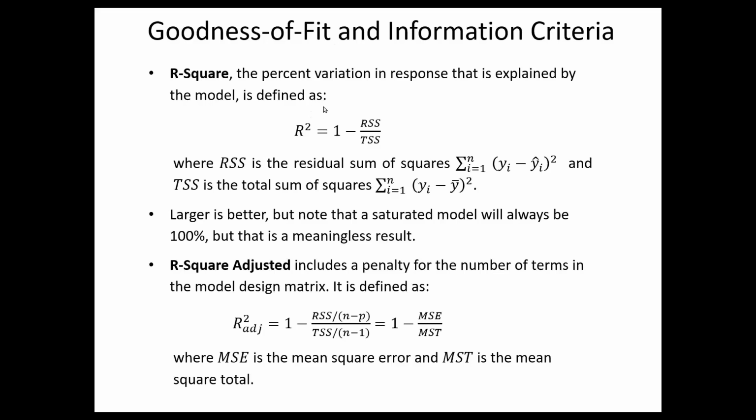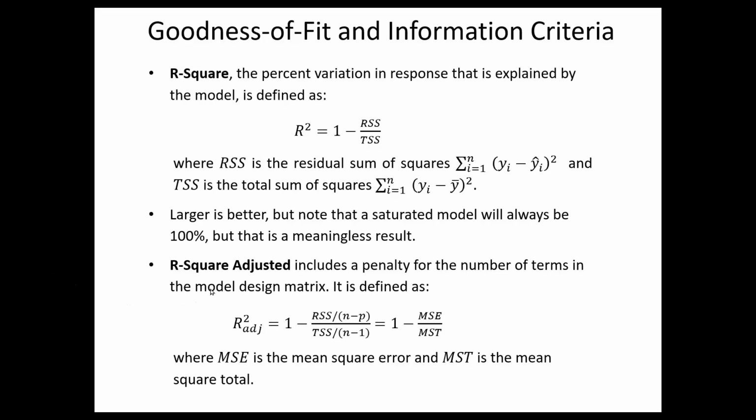R square is the percent variation in the response that is explained by the model, which is 1 minus RSS over the total sum of squares. And here's the total sum of squares, so it's the observed minus the mean, squared and added up. That gives you your percent variation explained. Now, R square by itself is a useful measure because it gives you a sense of how well the model explains the variation, but as a metric to compare models, it's not very good because the more terms you put into the model, the higher R square will become.